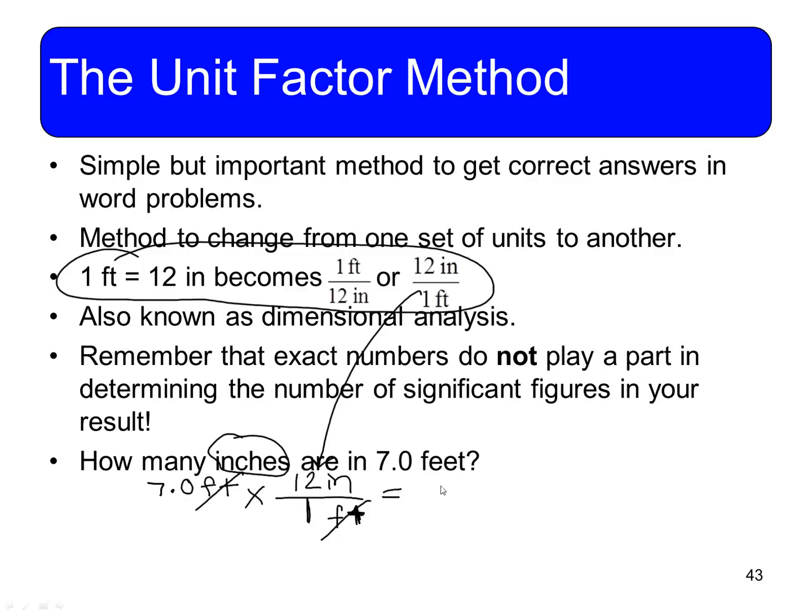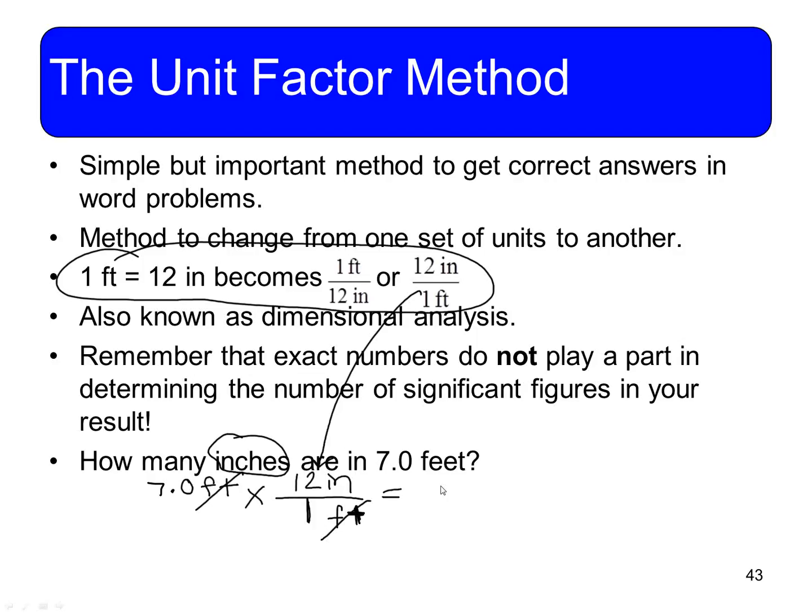Before I write the answer, how many significant digits are we going to have in the final answer? 2. Okay, why? Exactly. Did the fact that we have 2 and 12 play a part at all in determining that? Exactly. So it's that initial number.